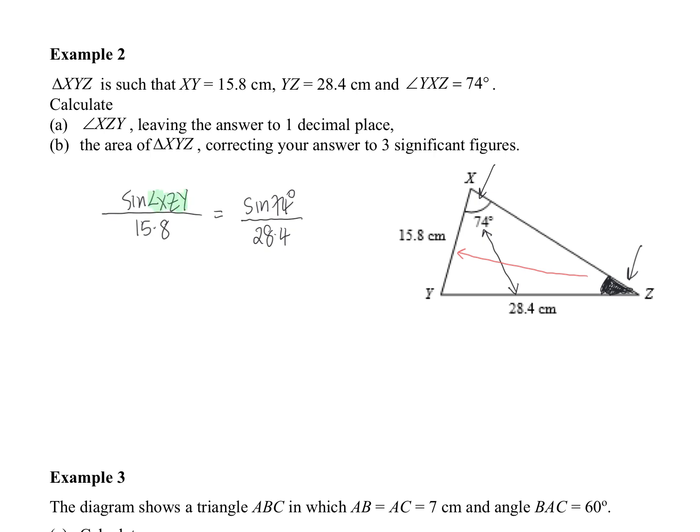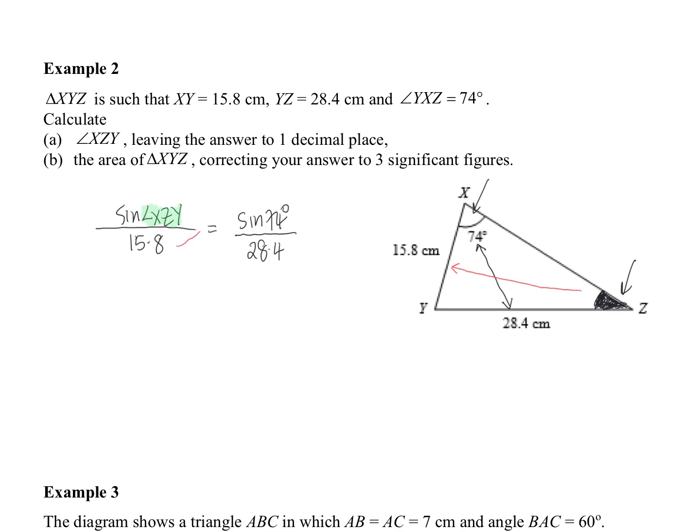So I need to get rid of the denominator here by cross multiplying. I'm going to multiply the 15.8 over. But I want to find the angle only, so what do you think I need to do? Inverse. So this one I don't want, I want to bring it over to the other side. So I will sine inverse this whole thing, so that will arrive me at the angle.